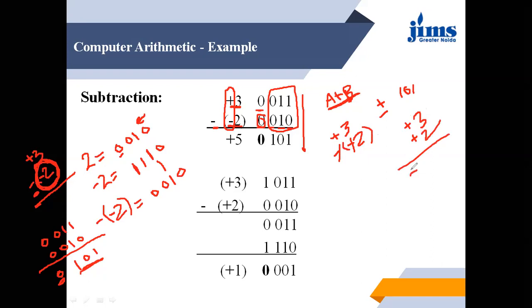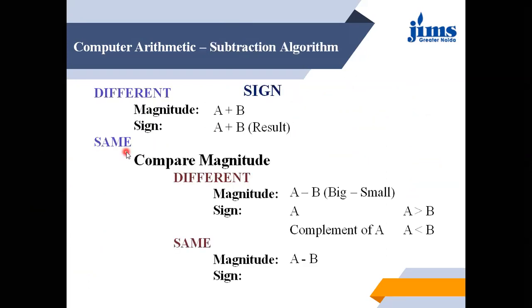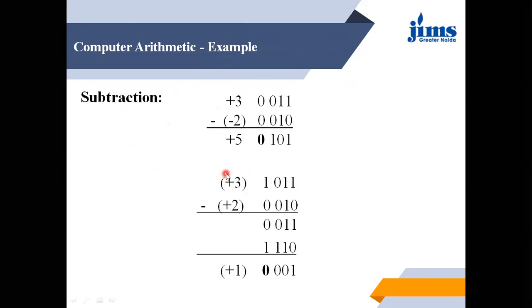So the thing we studied earlier has now been proved. This was the case when the signs of both numbers were different. As I told you, when the signs are different, we have to find the subtraction. But when the signs are the same, first of all we have to compare the magnitudes. So let's come to the second example.